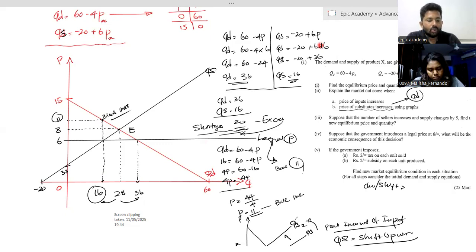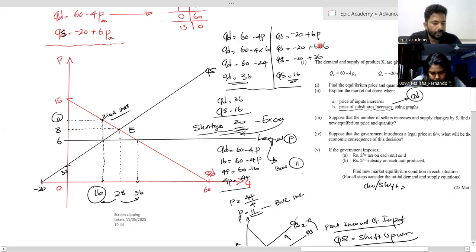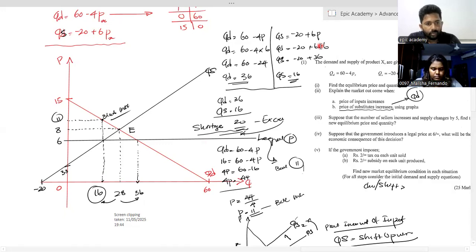Increase in the quantity demanded, from 28 to 36.